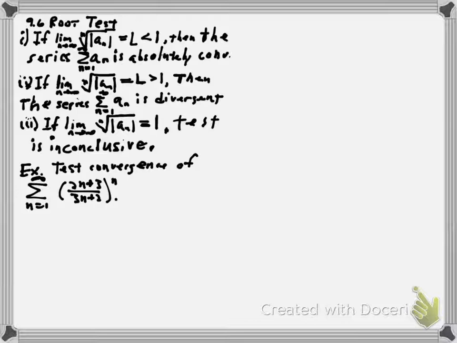Okay, so in our first example, we're going to test the convergence of the series given here, where we have this fraction being raised to the nth power. Whenever you see a series that looks very similar to this, some fraction raised to the nth power, it usually is going to require the root test.